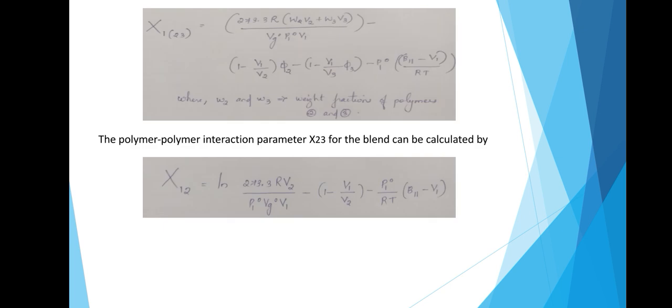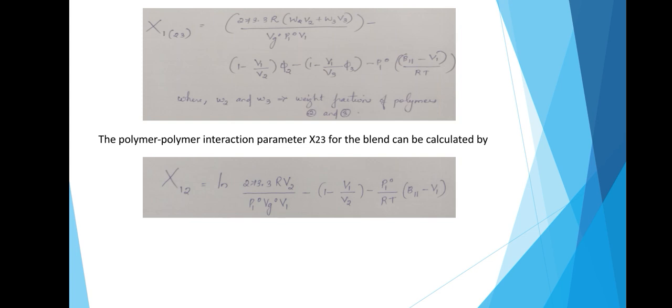So from the above mentioned equation of X12, it enables the calculation of X12 and X13, and in this way the interaction parameter between the probe and the polymer blend, that is X123, can be calculated, and it is shown in the listed equation.